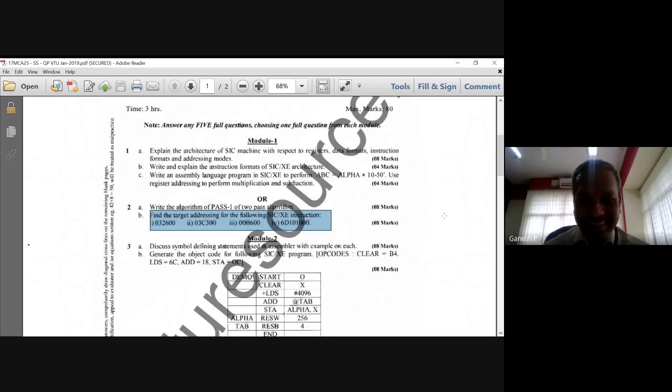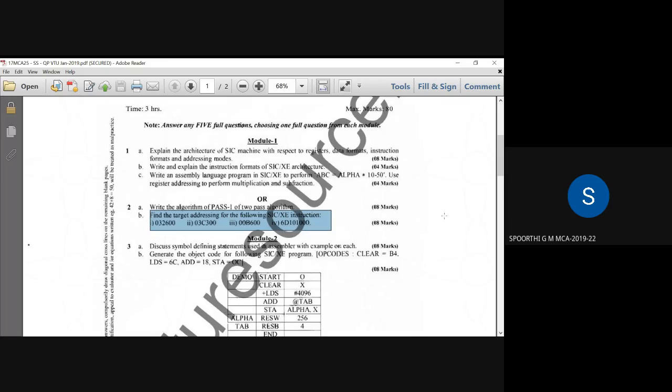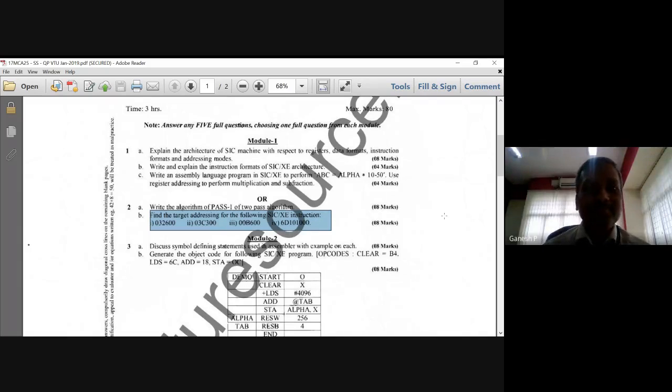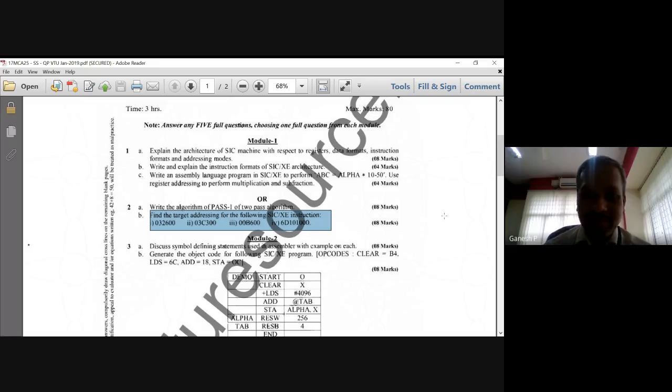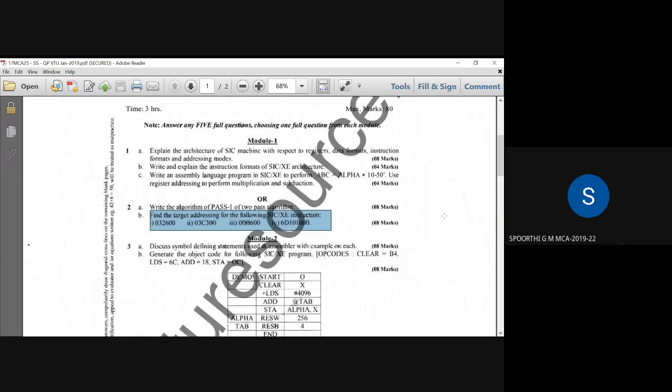Next, what next? Yes, and here for the second sum we need base addressing and index addressing. They didn't even give that value. Yes, sir, I tried the first sum. How about the last one? I didn't try, sir.